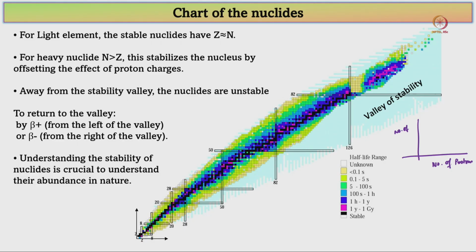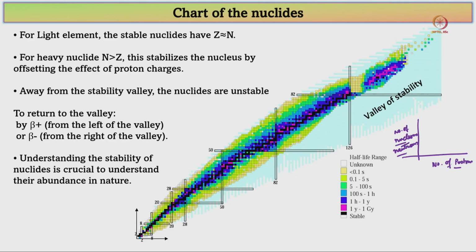You can plot either the number of nucleons, or you can plot the number of neutrons. So, we can either plot protons, or sometimes we can plot either nucleons or neutrons.